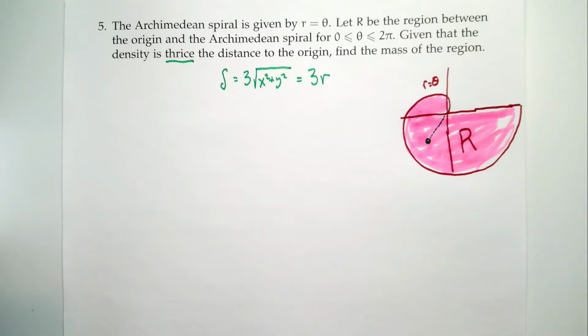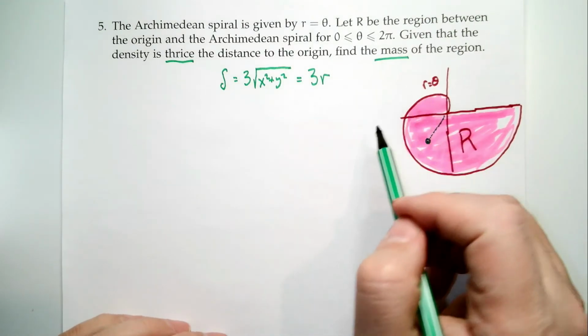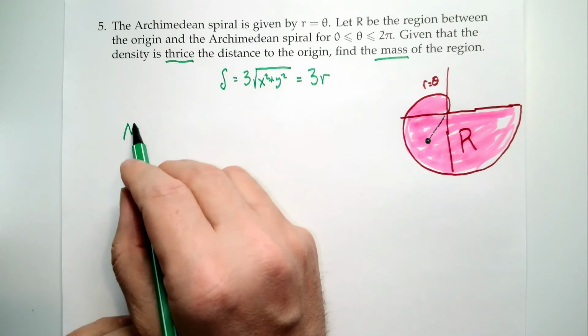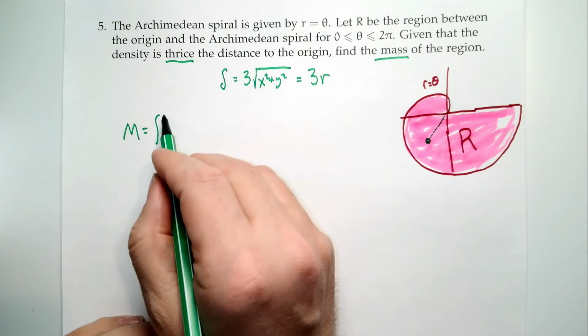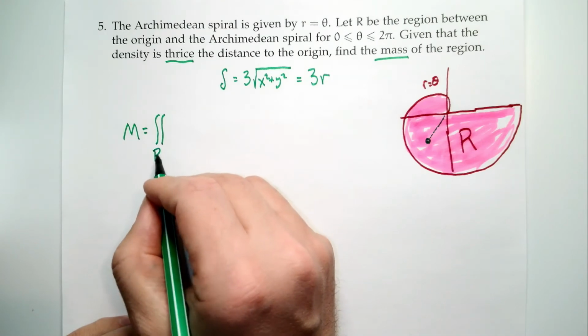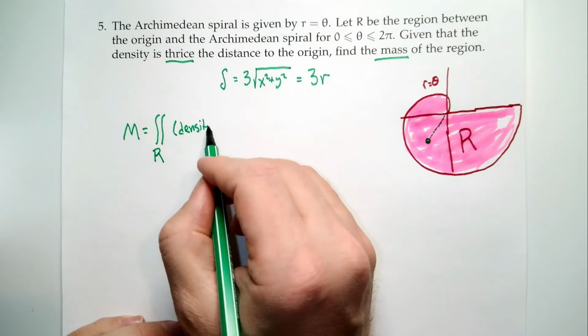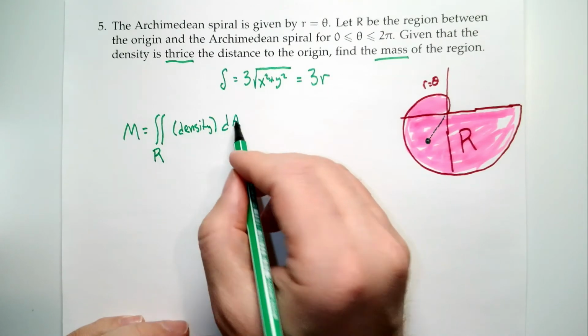Okay, so how do you find mass? Well, you integrate. It's a 2-dimensional integral, so it's a double integral over your region of density dA.